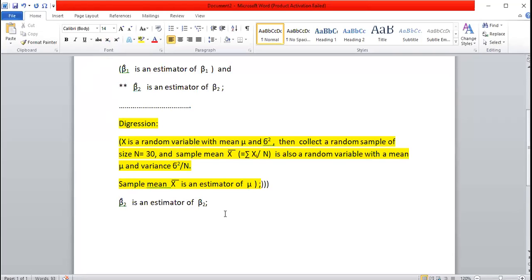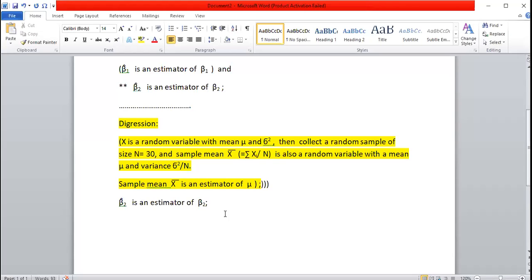The question is, what type of estimator? Is it a good, quote unquote, or a bad estimator? Whether beta 2 hat is a good representative of beta 2 or a bad one. We hope beta 2 hat will be a good one.